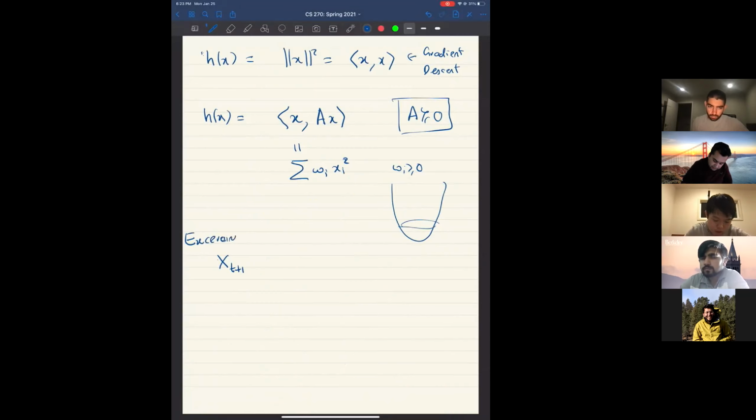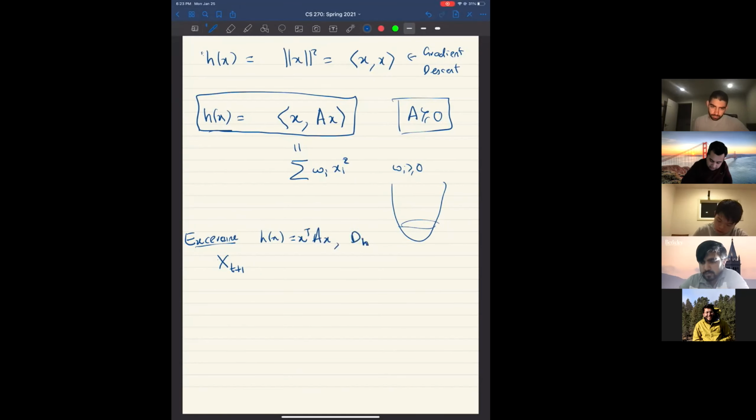If you use h of x as x transpose Ax, and you construct the Bregman divergence d sub h, and then you use that in the algorithm as a penalty, then you'll recover an update that looks like x t plus 1 is x t minus A inverse gradient f at x t.